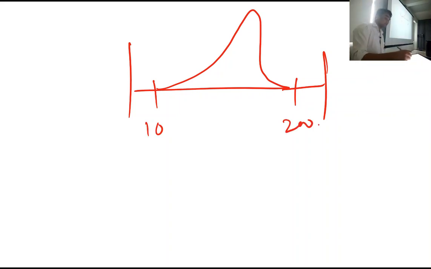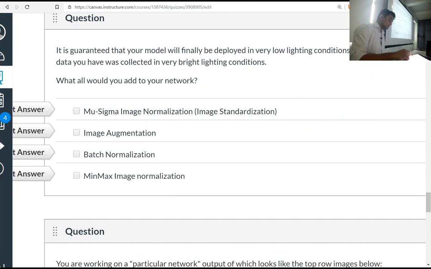So what we are doing essentially is look at the problem right now. It is guaranteed your model will finally be deployed in a very low lighting condition. However, the training data you have collected is in a very bright lighting condition. What would you add to your network? Now, when your data is collected in a very bright lighting condition, what kind of data do you have?